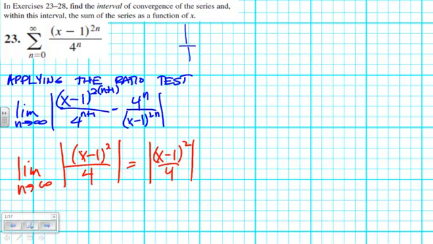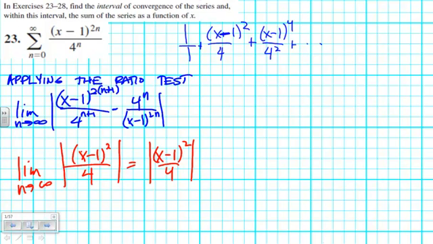What about the second term, when n is 1? I end up getting x minus 1 squared divided by 4. And what about when n is 2? I get x minus 1 to the 4th over 4 squared.